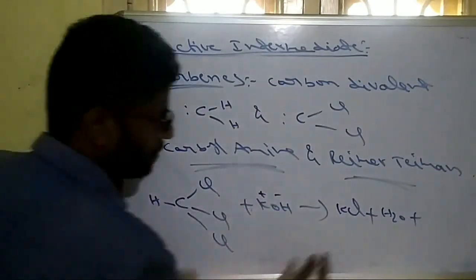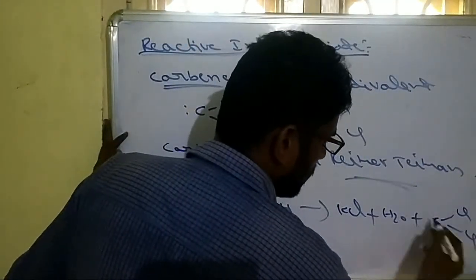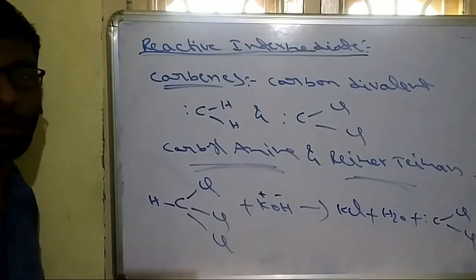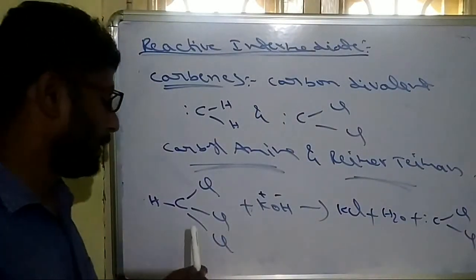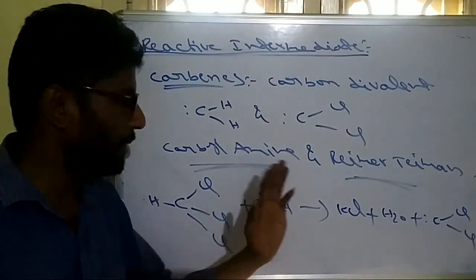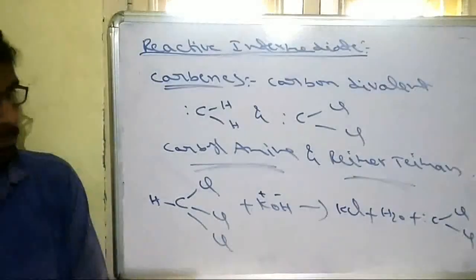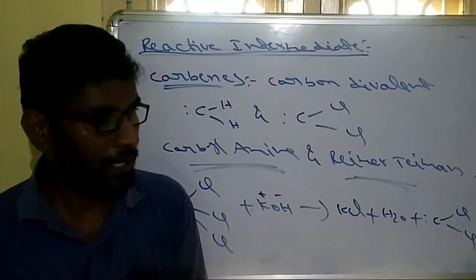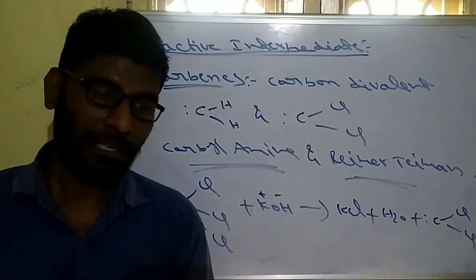Cl and H are gone, and the remaining CCl2 has a lone pair. That is called a carbene. So a carbene is formed by base and chloroform. So these are the reactive intermediates. Practice these intermediates.